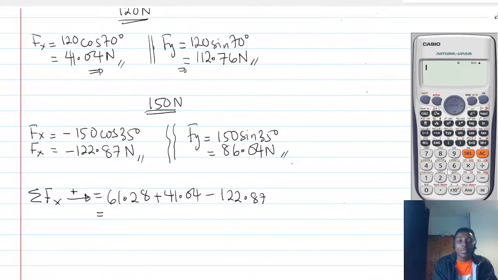So what is it then? 61.28 plus 41.04 minus 122.87.